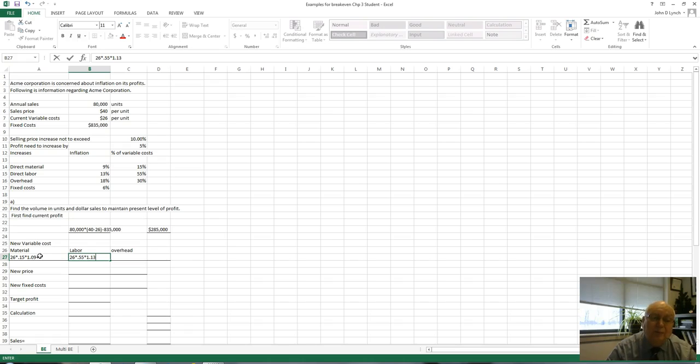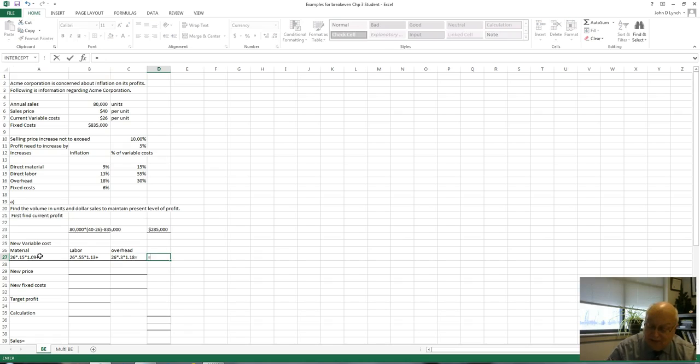It's 13% plus the original. And then to this we'll add the overhead, which is the $26 times the 30% times the inflation rate of 1.18, and that will equal our new variable cost.